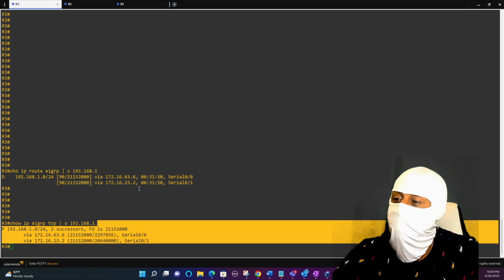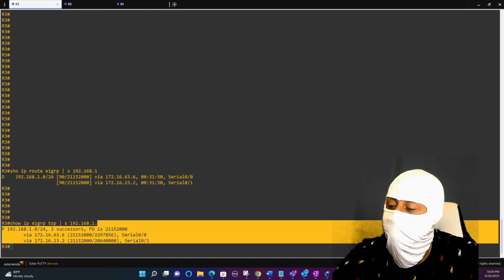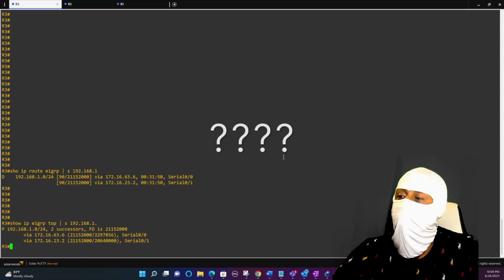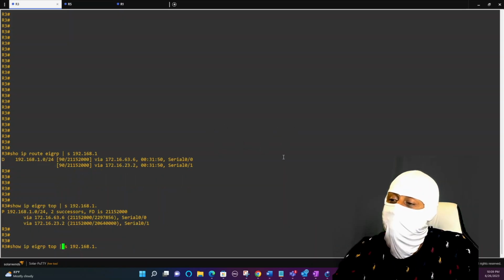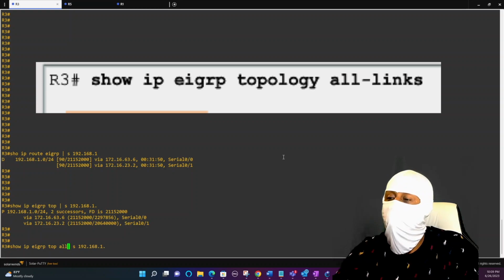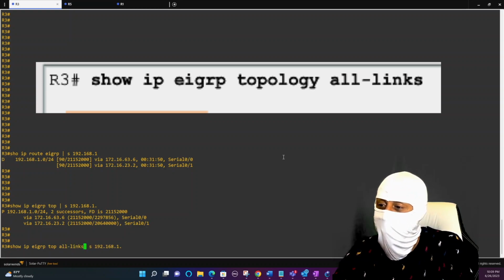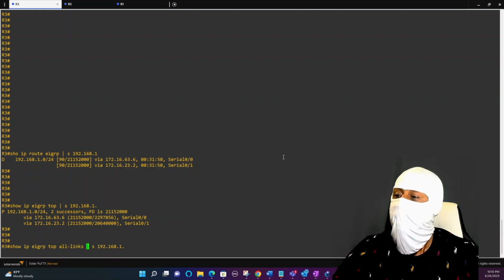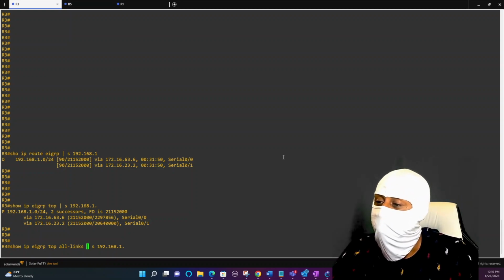But as we can see, it's not showing up in our routing table, and it's not showing up in the EIGRP topology all-links table.